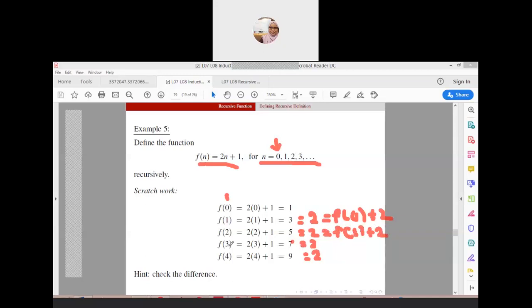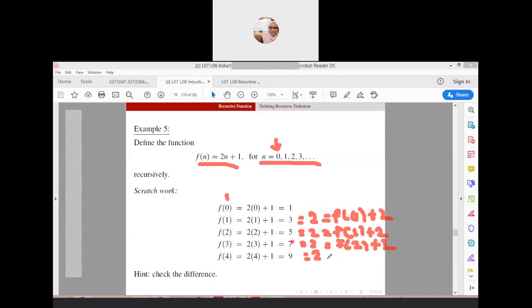Then same as f(3): we use f(2), which is 5, plus 2, which is 7.